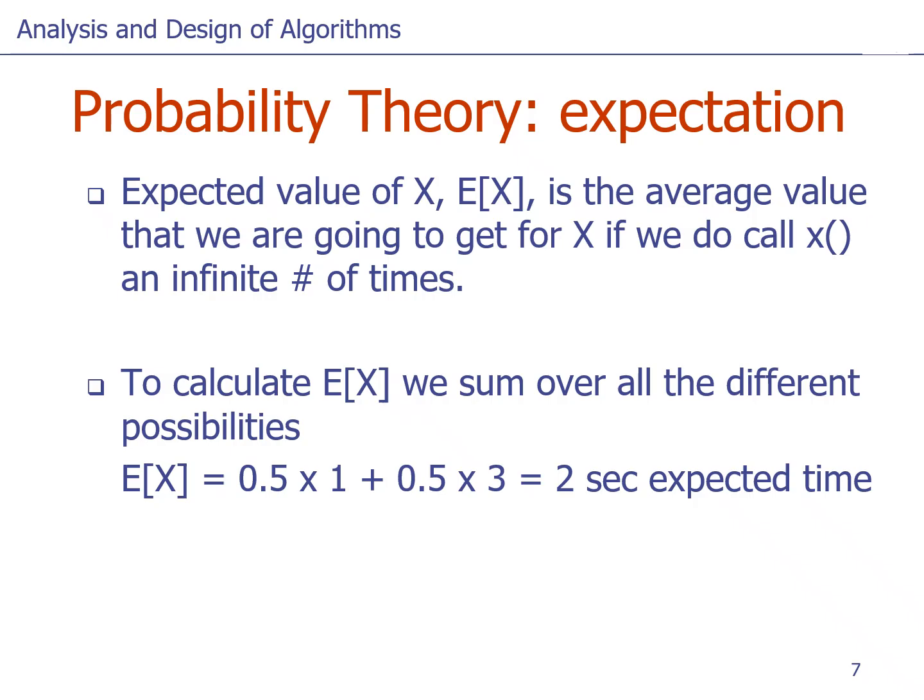But the expected value here is an average value for a single run if we keep running this method to infinity. And we sum up all the times it took, and we divide by the number of times it ran, and we find on average actually we're spending 2 seconds.